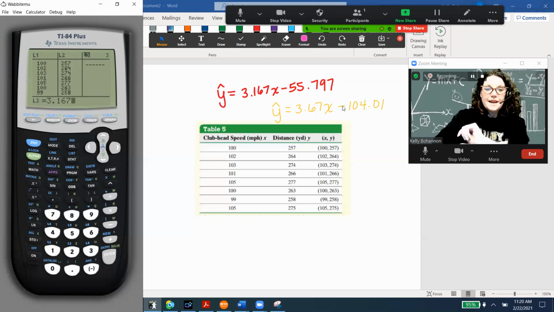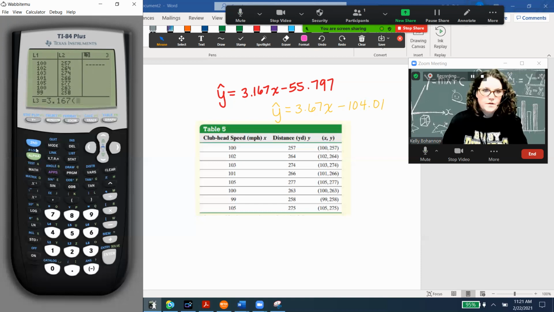And instead of an X value, I want to put my L1 value so that it knows that I'm putting in my actual X values. Sorry, I'm not used to using my keyboard.